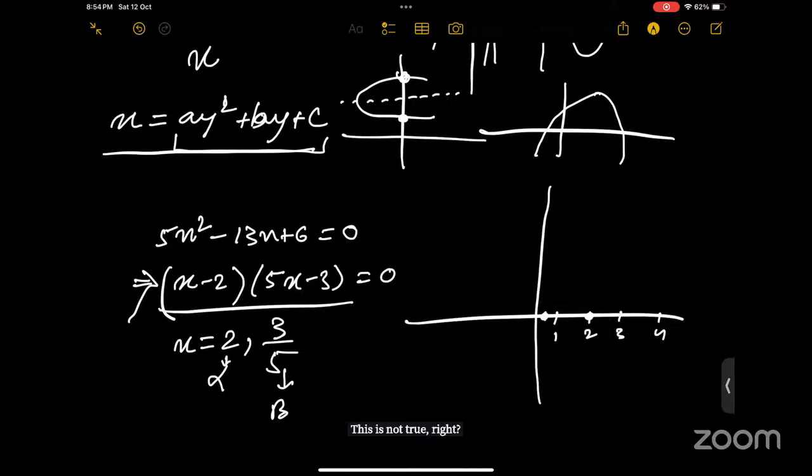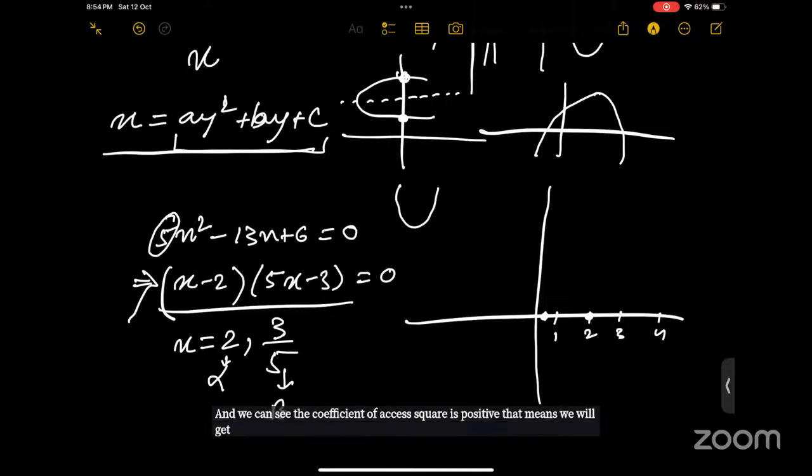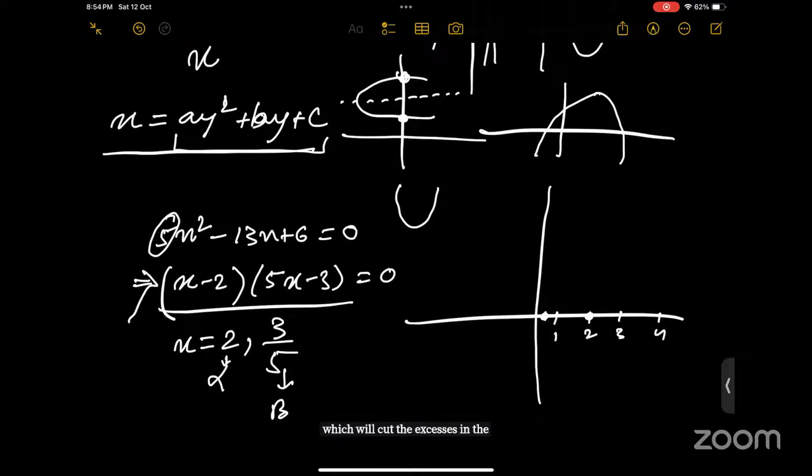We can see the coefficient of x square is positive. That means we will get a parabola in the upward direction, which will cut the x-axis at the roots. This is our 2 and this is our 3 by 5. Clear? This is the parabola 5x square minus 13x plus 6.